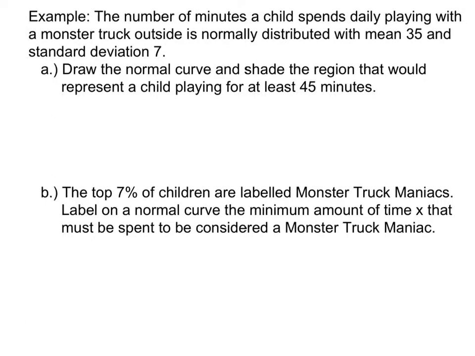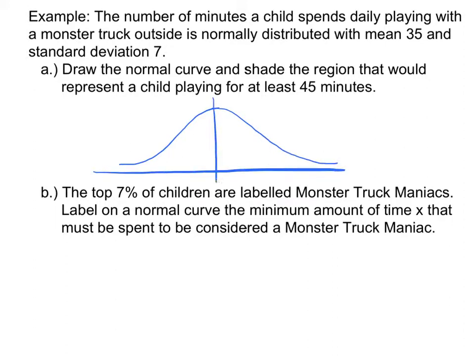Okay, so the first thing we do is we draw the normal curve. Again, before I even read the question, I will generally draw a normal curve because I know it's going to matter. We know that the mean of this is 35, the standard deviation is 7. So draw the normal curve and shade the region that would represent a child playing for at least 45 minutes. At least 45 minutes means more than 45 minutes.